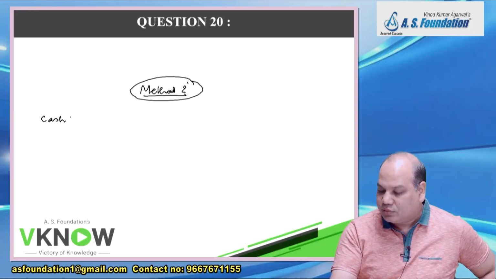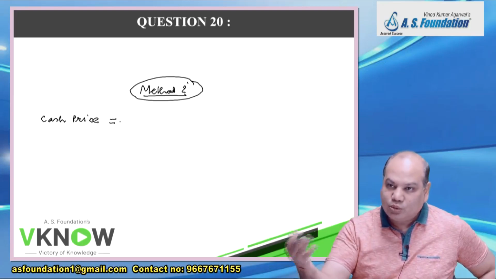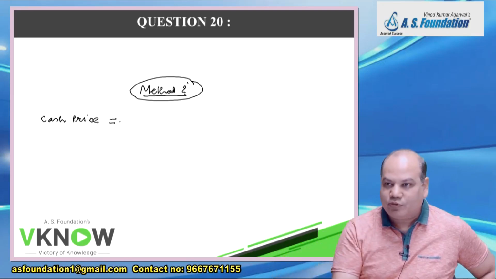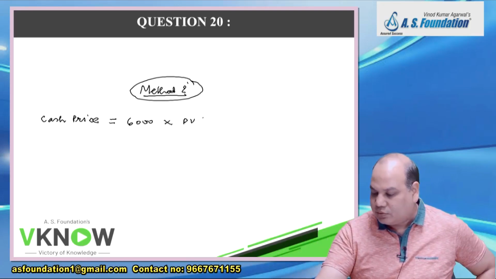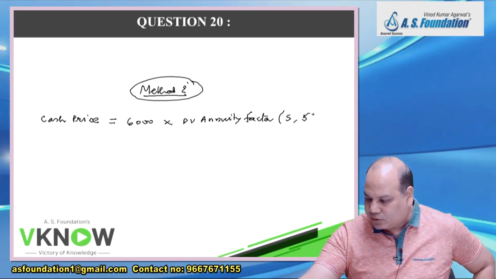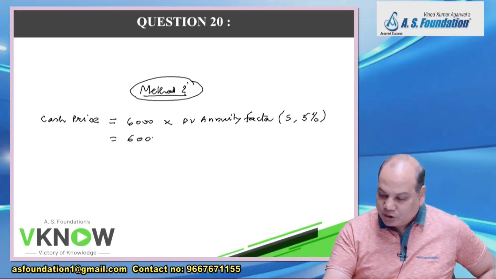Cash price equal to. But this method will not give you the interest included in each installment. So when you are doing the accounting, you have to find out the interest; then the first table will be useful to you. So here the answer will be 6,000 into present value annuity factor for 5 installments at 5%.